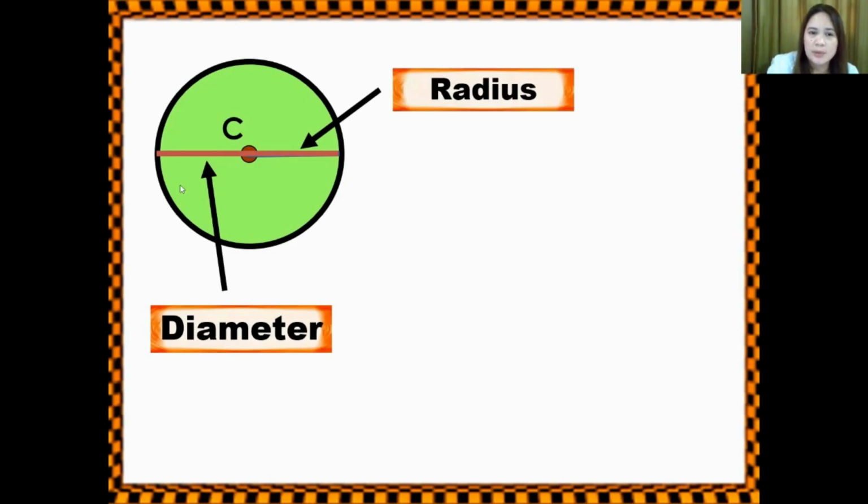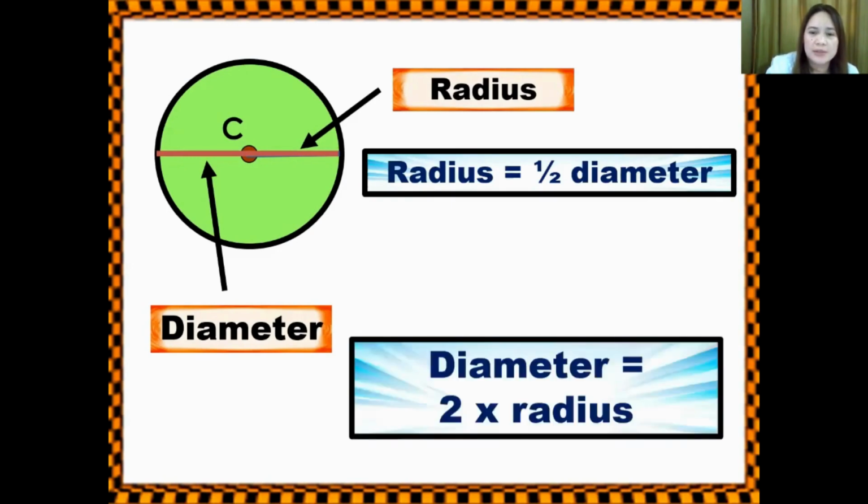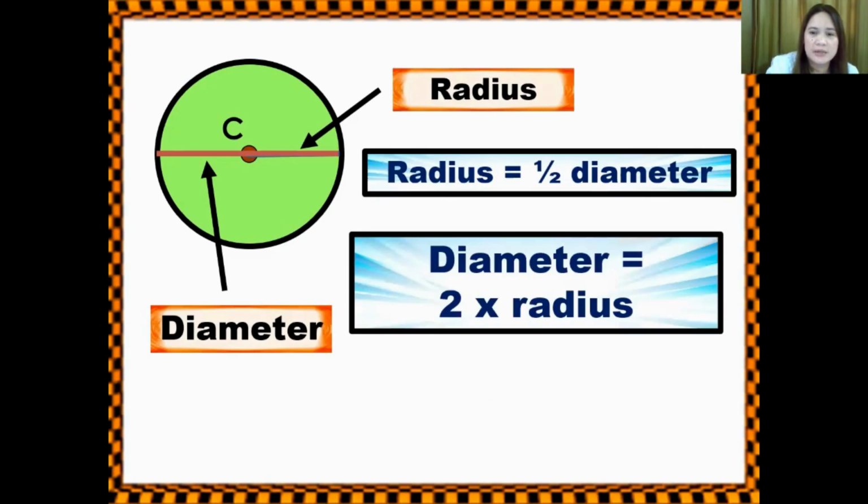Again, I am pointing to the radius here from the center to this point, and the diameter is from this point to that point that passes through the center. So we call it the diameter. Now, what is the relationship between the two? Radius is just 1/2 of the diameter, while diameter is twice the radius.